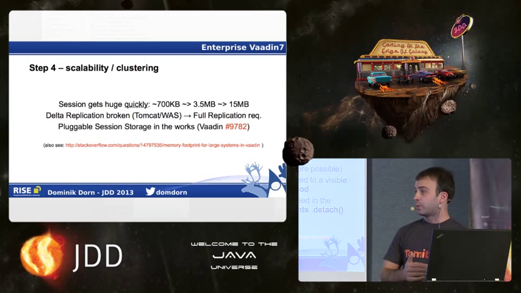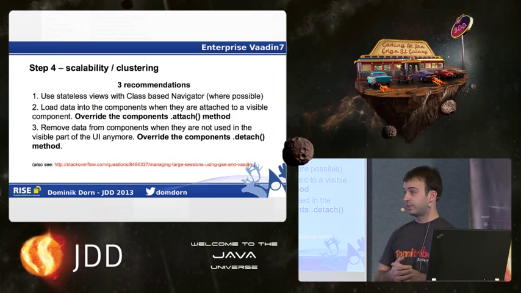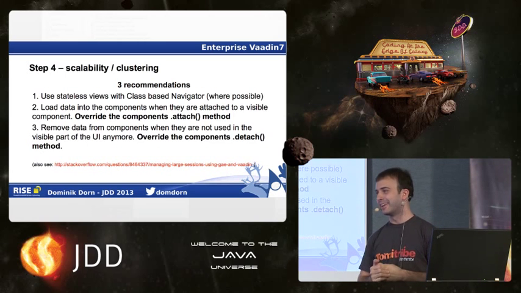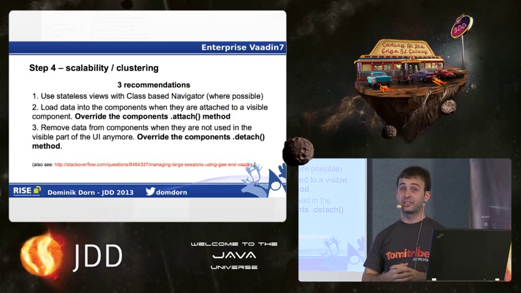Okay, three recommendations to keep your sessions thin. The first is to use stateless views as much as possible. You can get stateless views by using the class-based navigator. So who has been using the Vaadin navigator before? Please raise your hand. Wow, okay, good. The navigator is a new concept introduced in Vaadin 7.